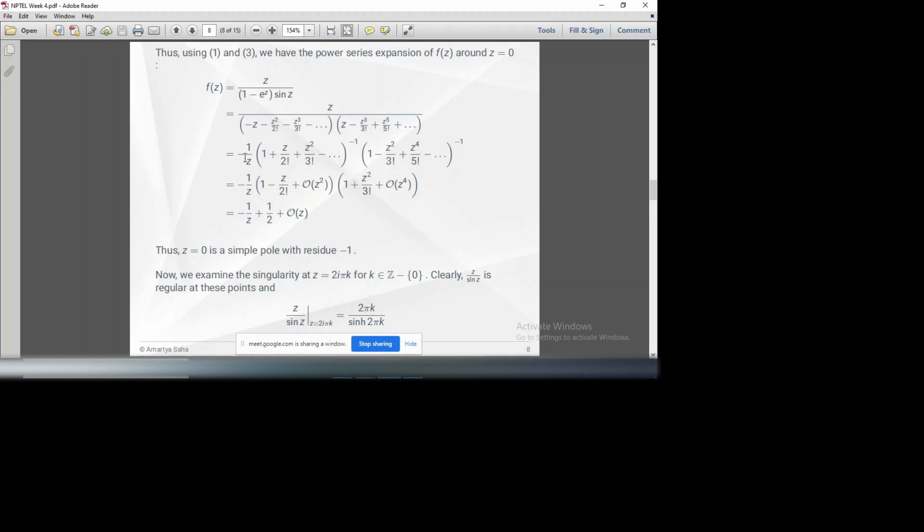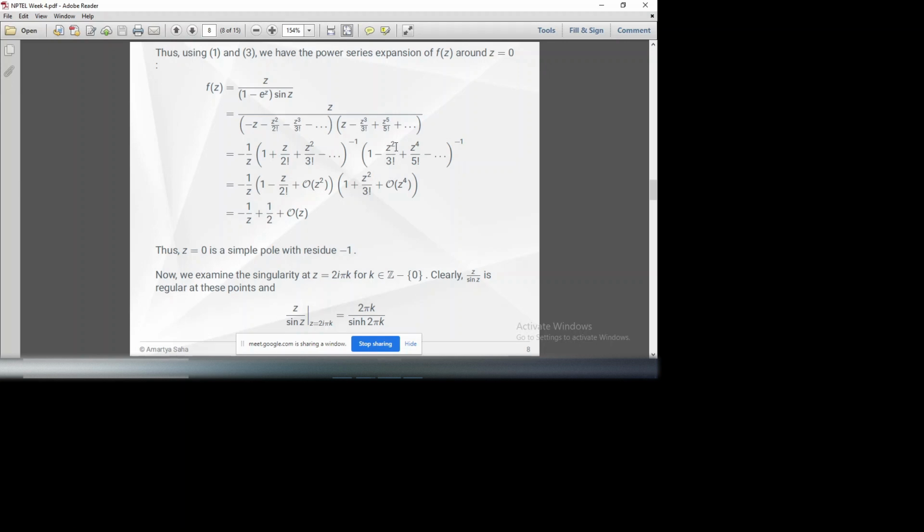Now this first factor is written like this: 1 plus z by 2 factorial plus z squared by 3 factorial, and so on, to the power minus 1, where these dots represent higher order terms. Similarly, from this second factor I have written it like this.